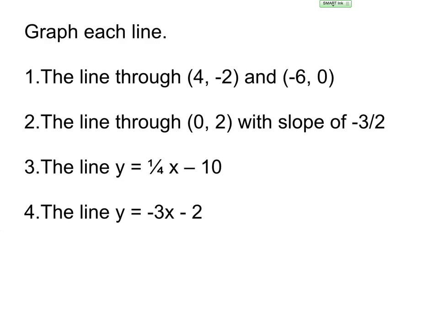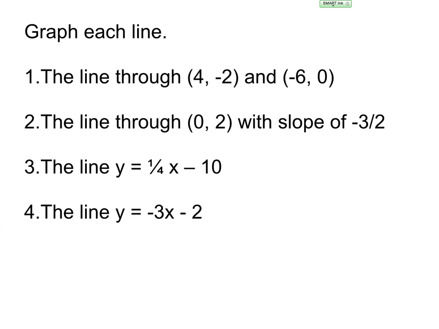Anything I need to say to clarify some things as you're comparing and graphing? Okay, if not, if you didn't get the last ones, write them down. The last two were similar to what we did earlier, so perhaps you reviewed it, okay?